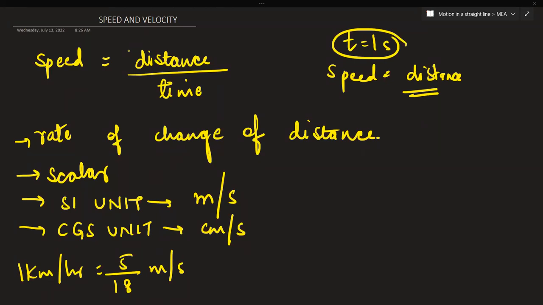Scalar quantities have magnitude and an SI unit, but they do not have any direction. Any quantity that has magnitude, an SI unit, and obeys the vector laws is known as a vector.